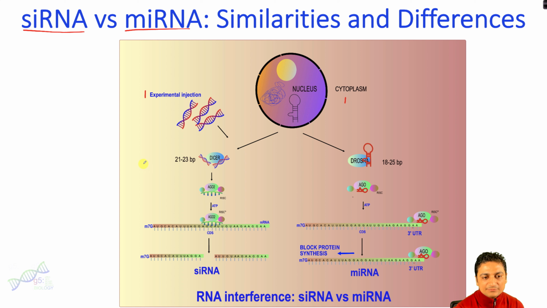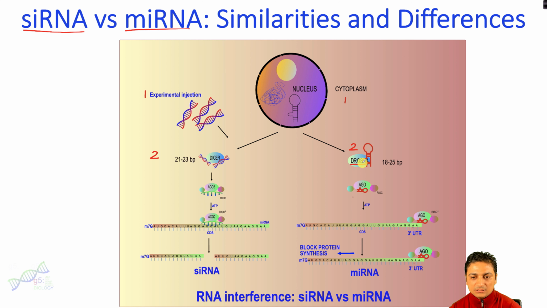And the second difference is the presence of the protein called Dicer. In siRNA there is a Dicer that cleaves the double-stranded RNA into small pieces, and in miRNA there is a protein called Drosha.